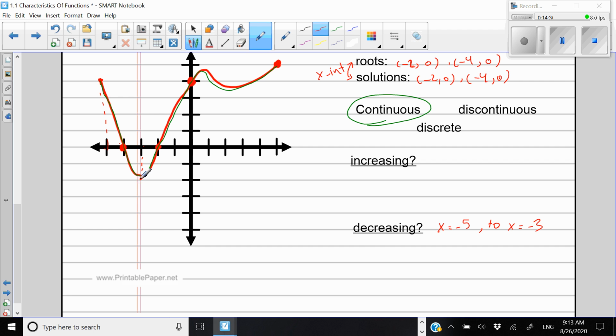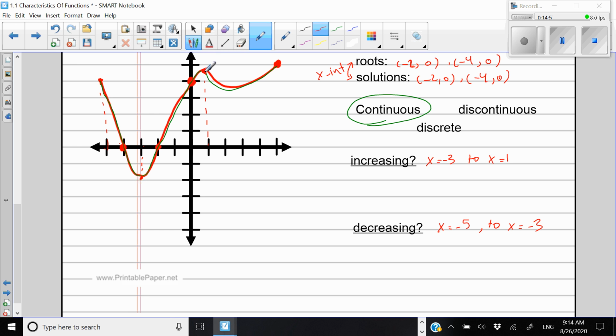After that, as I'm moving from left to right, I see that the graph is going up until this point. At this point it's going to change direction. So from x equal to -3 to x equal to 1, my function is increasing.